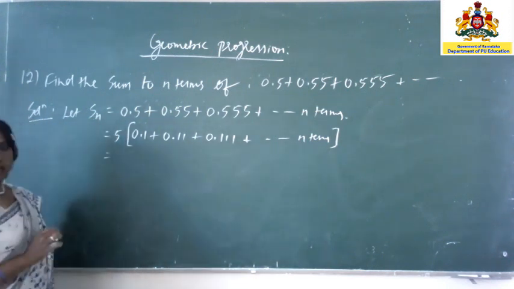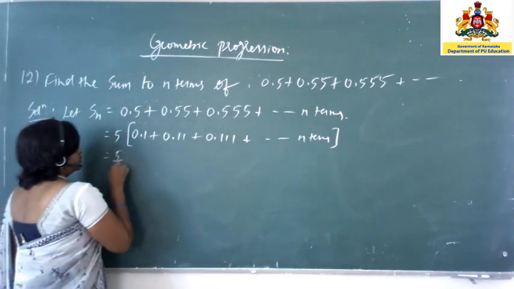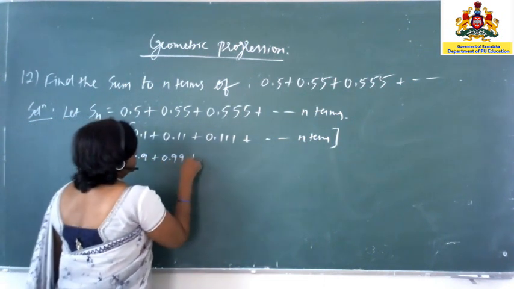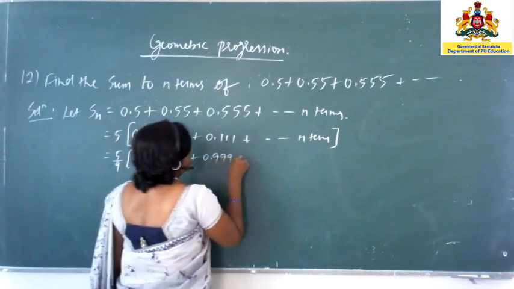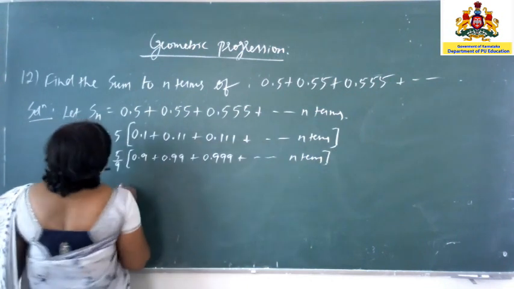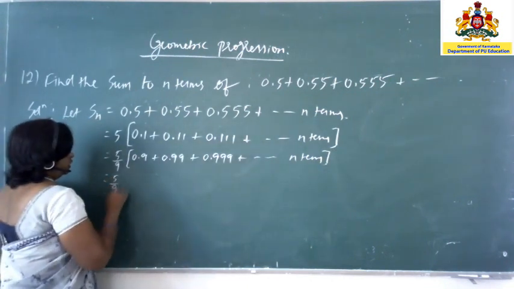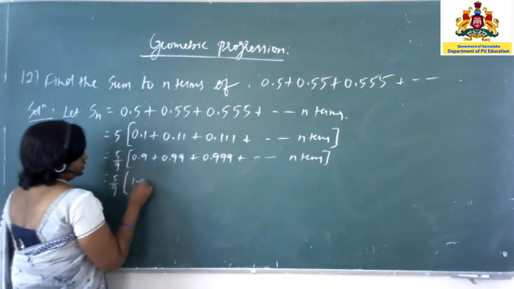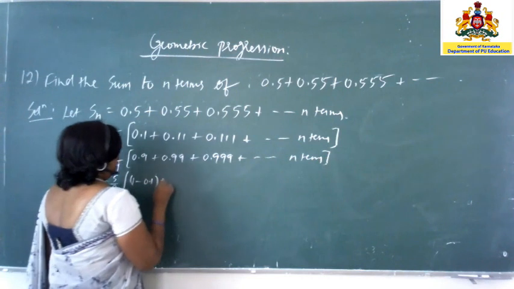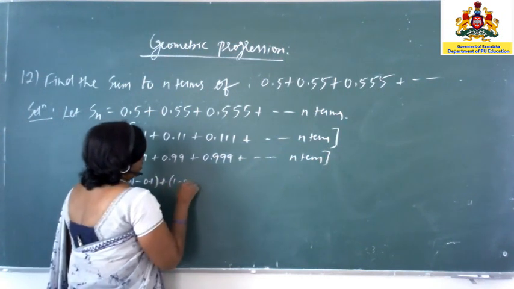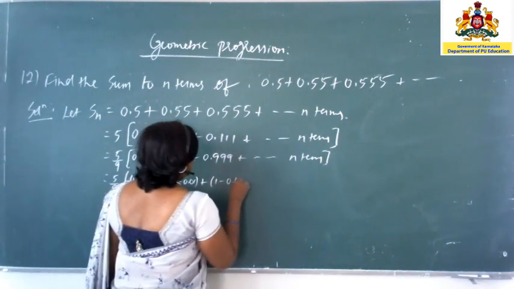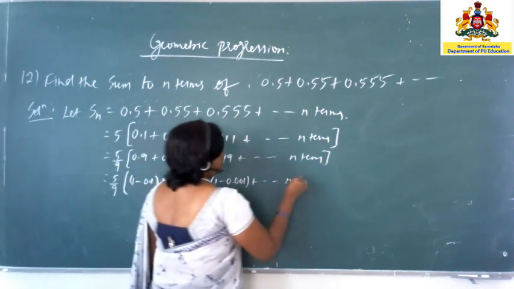Multiply and divide by 9. So 5 by 9, 0.9 plus 0.99 plus 0.999 plus so on up to n terms. So that is equal to 5 by 9 into 0.9 is 1 minus 0.1 plus 0.99 is 1 minus 0.01 plus 0.999 is 1 minus 0.001 plus so on up to n terms.